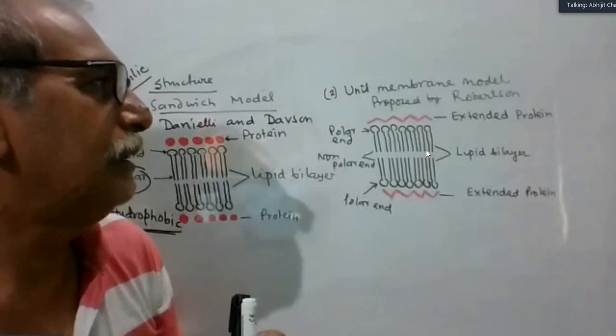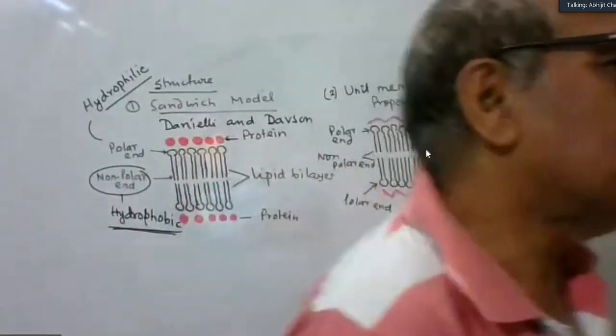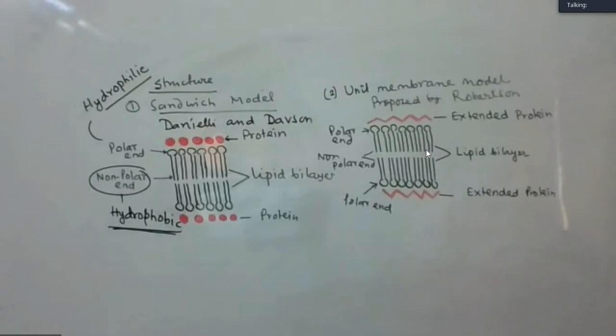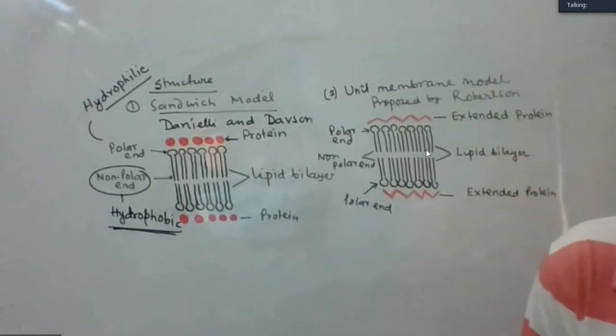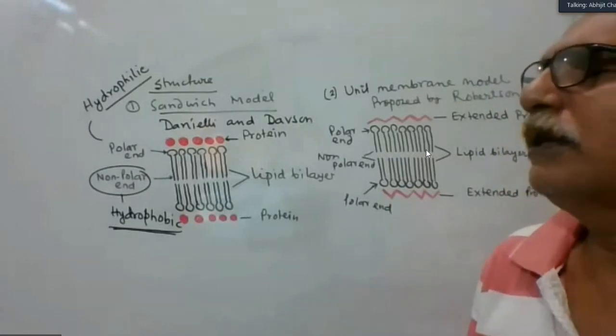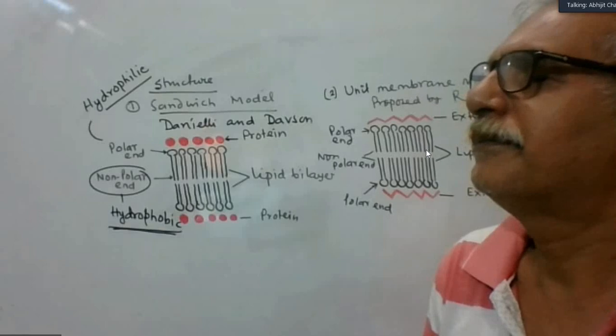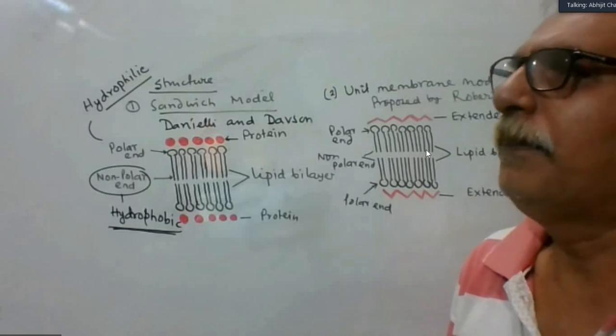If someone has a problem, then you can write it. According to Robertson, like the cell membrane, all membranous structures found in a cell, all cytoplasmic membranes found in a cell, are made of protein, lipid, protein.